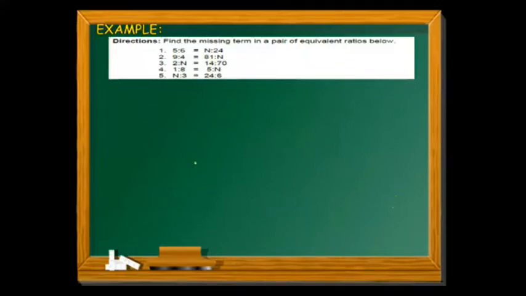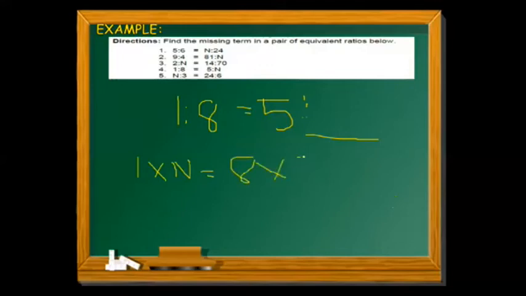Okay. So number 4, we have 1/8. 1 is to 8 is equivalent to 5 is to the missing number. So let's multiply the first term, 1 times the missing number. 1 times n is equal to 8 times 5.